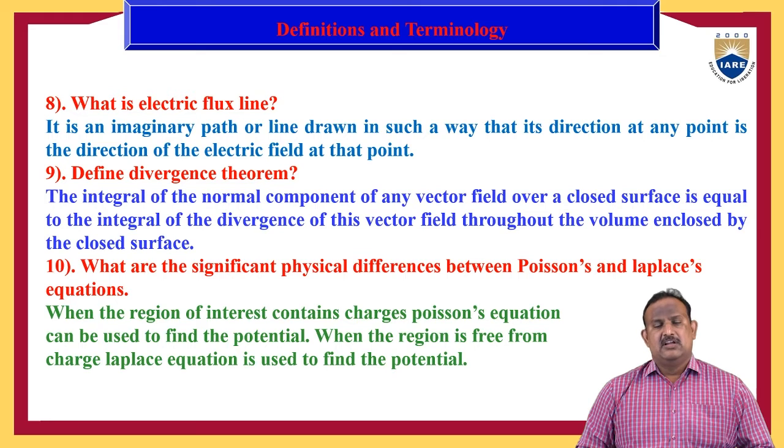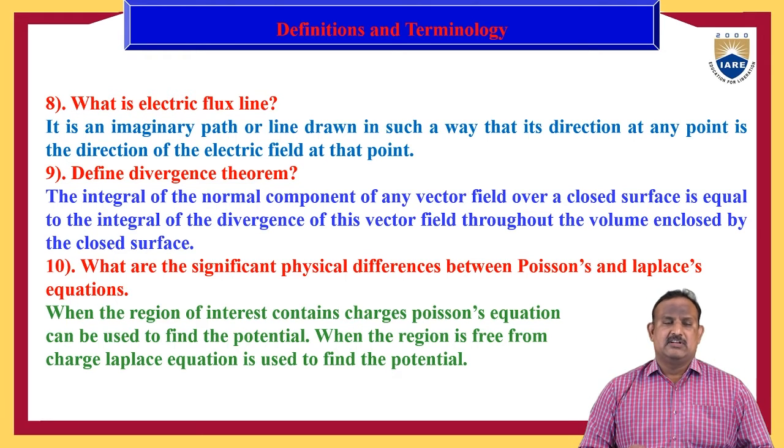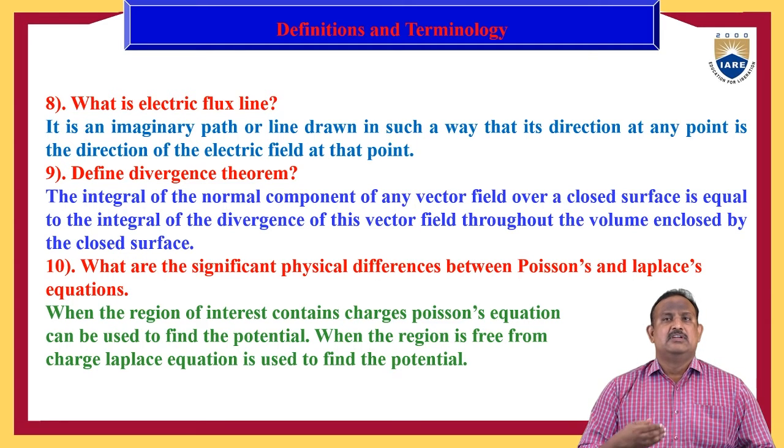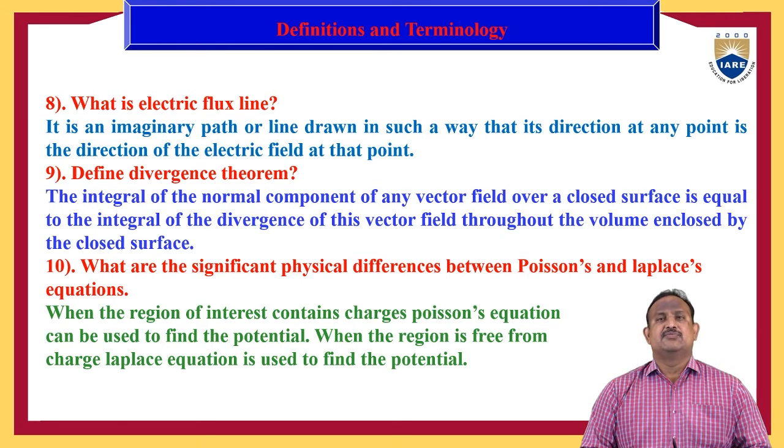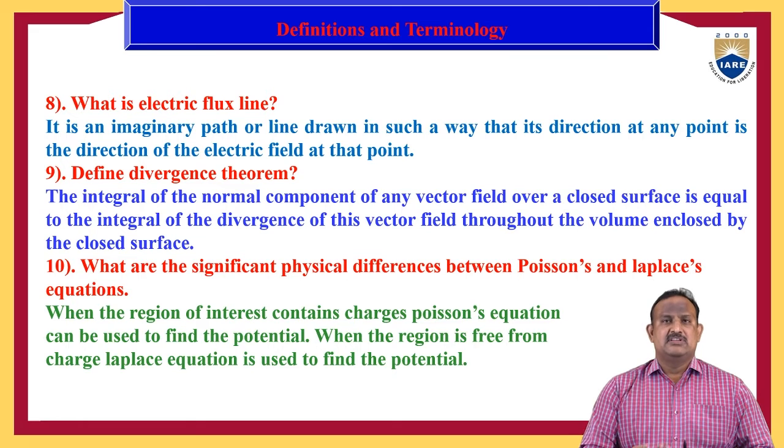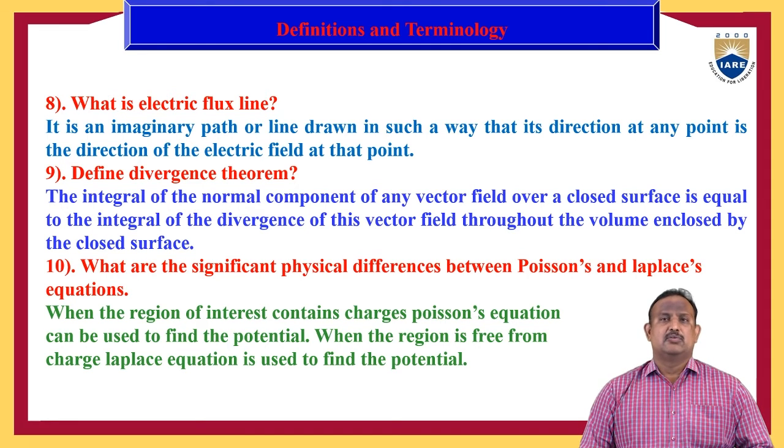The integral of the normal component of any vector field over a closed surface is equal to the integral of the divergence of this vector field throughout the volume enclosed by the closed surface. So I repeat the definition. The integral of the normal component of any vector field over a closed surface is equal to the integral of the divergence of this vector field throughout the volume enclosed by the closed surface.